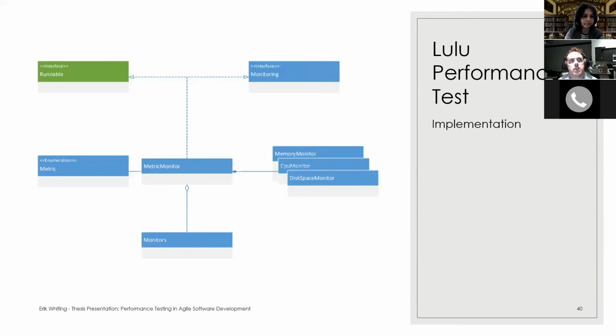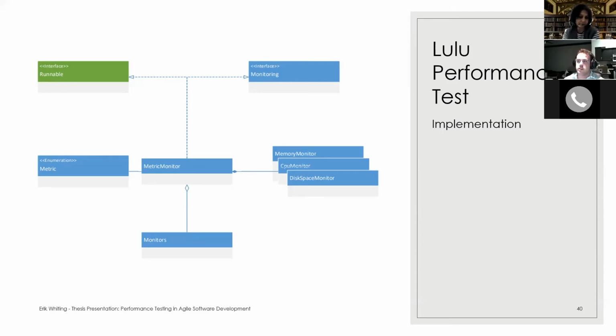So the basic class diagram of LPT is the metric monitors. They both implement two interfaces. There's the Runnable interface, which is the Java standard library interface for multi-threaded functions, and then there's the Monitoring interface, which is what I created, that has the necessary methods. And then metric monitor is an abstract class, and there's actually 4 concrete classes that extend the metric monitor.